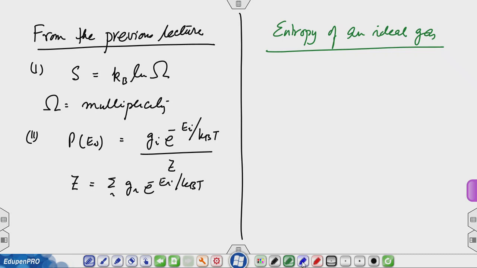So, the first thing we need to do is counting the states.